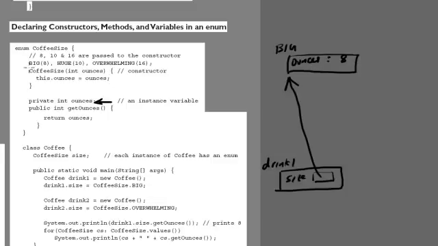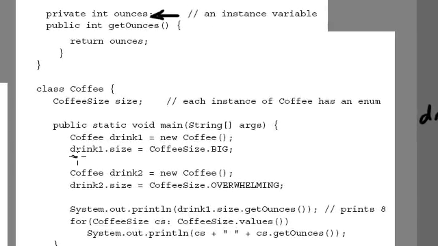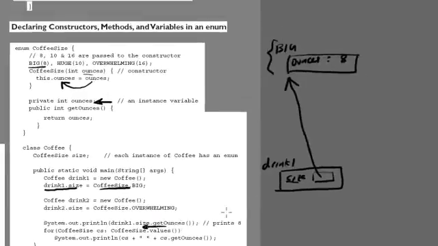So assigning 8 ounces would give an object like this with 8 as the ounce value for BIG, and this code drink1.size is CoffeeSize.BIG would make the size of drink1 point to BIG. Now when you invoke getOunces on drink1.size, you're actually invoking getOunces on this object here, and that's the reason why it would print 8.